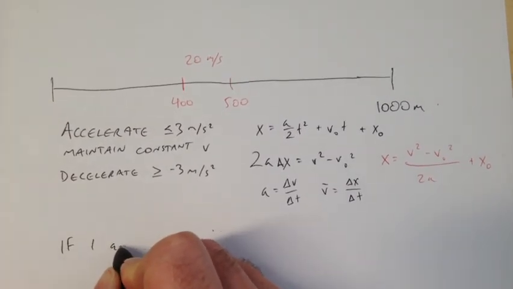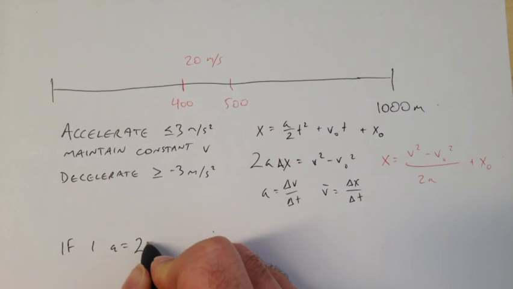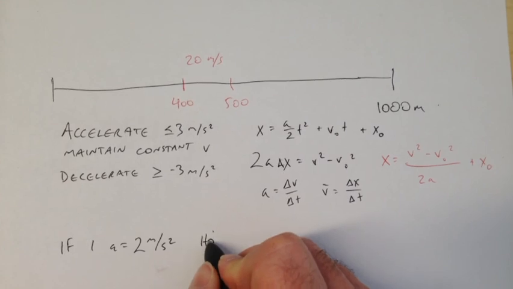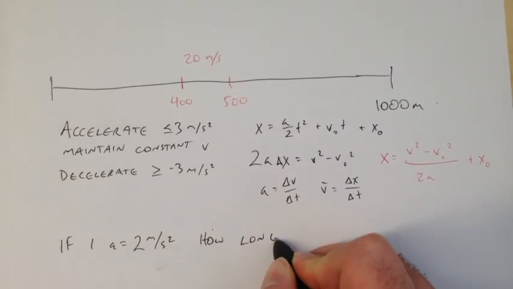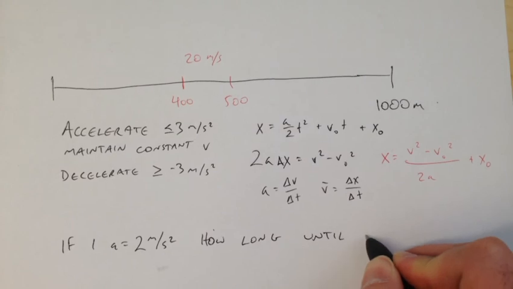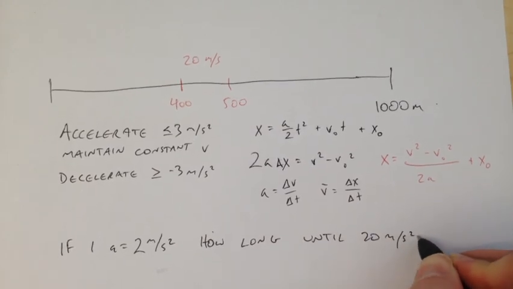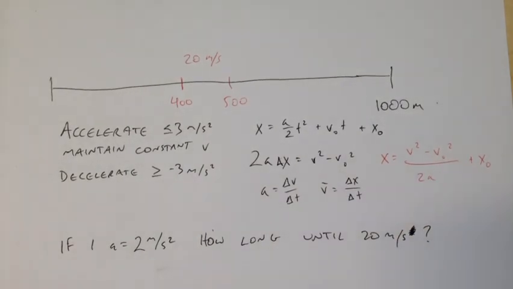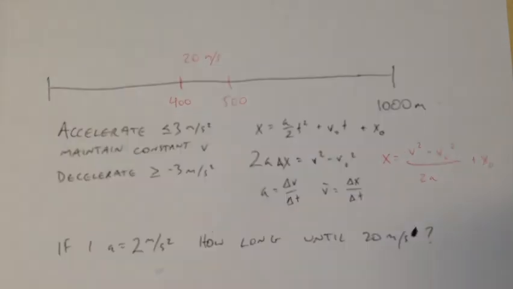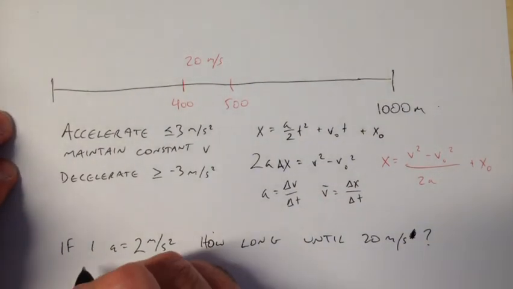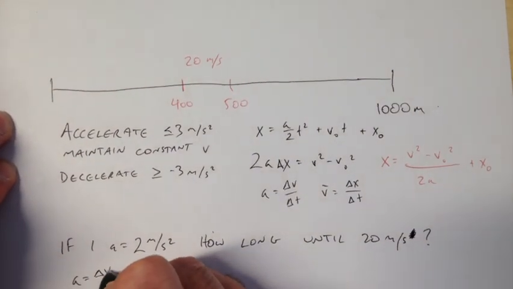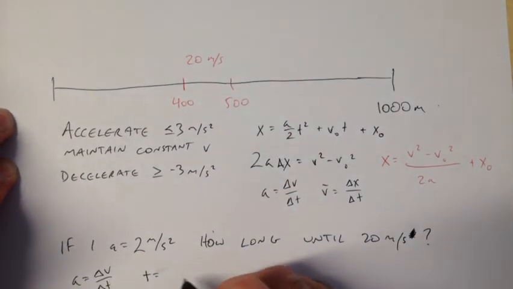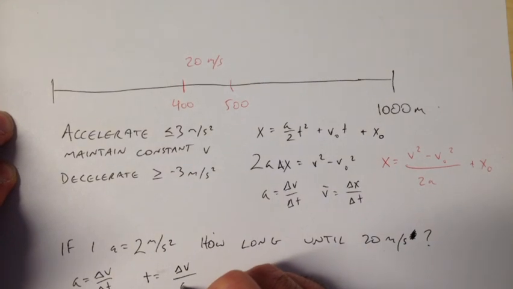If I have an acceleration of 2 meters per second squared, how long will it take until I reach just 20 meters per second, the speed limit? All right, we're just trying to speed up to the speed limit. In order to answer that question, we just got to use this equation, a equals delta v over delta t, except we're looking for t. So if we solve for t, we'll be doing change in velocity over a.